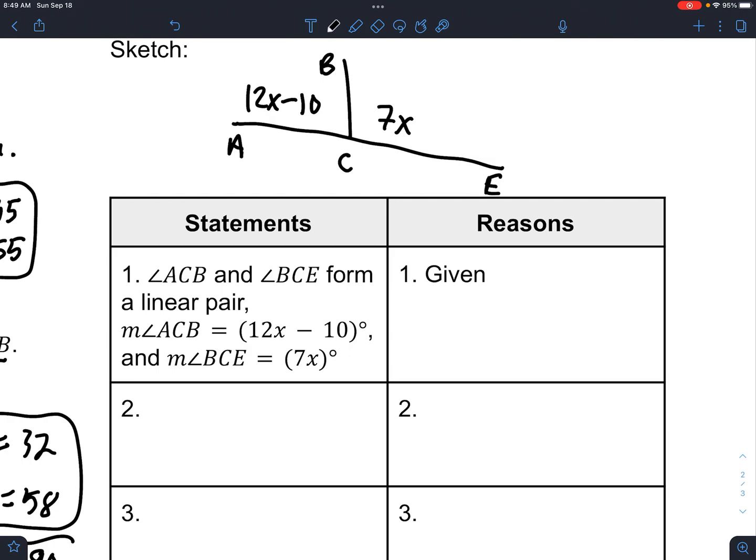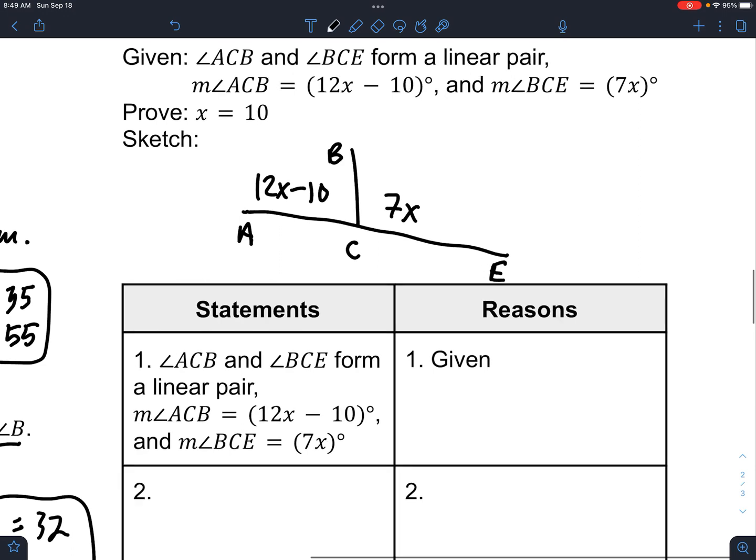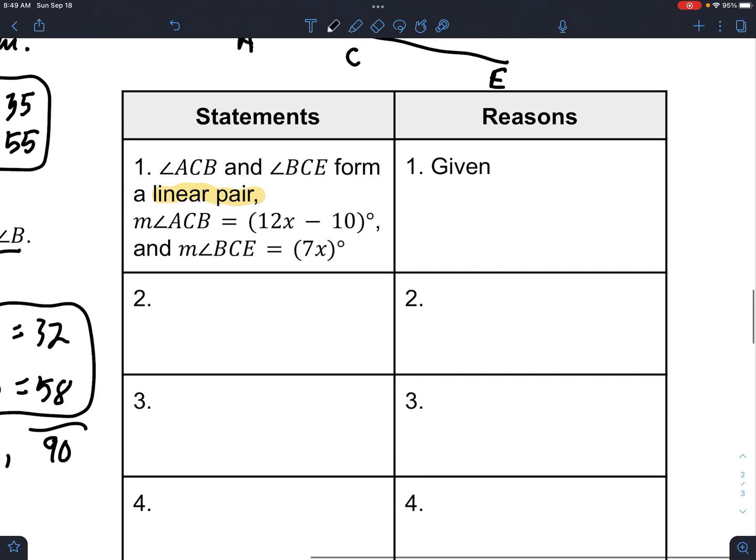Okay. So we know that we just did a problem like this. You're supposed to just add them up, set them equal to 180, and solve for x. Okay? But we don't know from the word linear pair that it just directly means add to 180. There's an intermediate step, and that's why we have this magnet here.